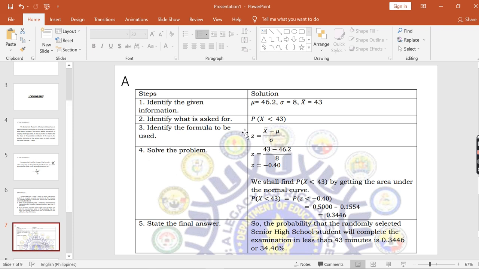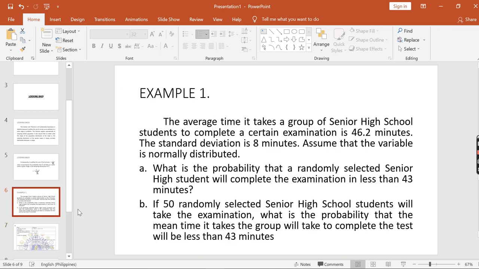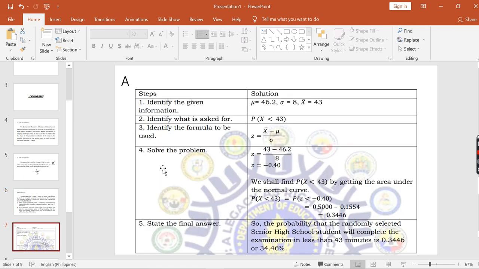Now let's identify what is asked for. We are asked to identify the probability for letter A that the senior high school student will complete the exam in less than 43 minutes. That's why here we have P, the probability of X is less than 43 minutes.